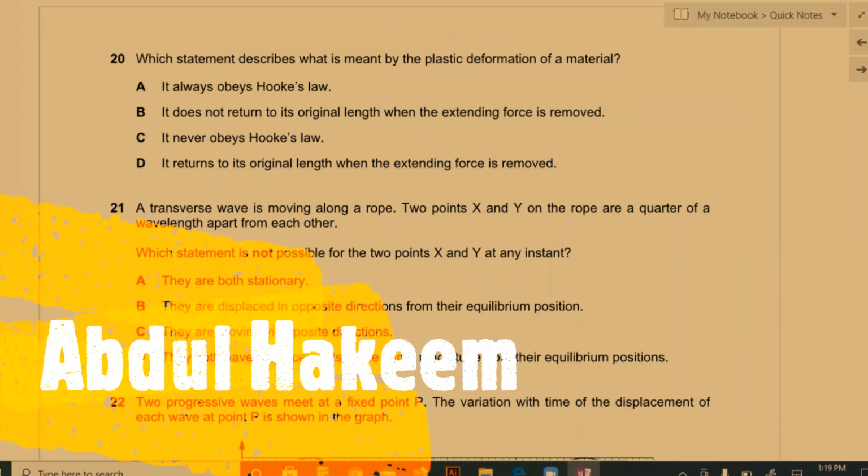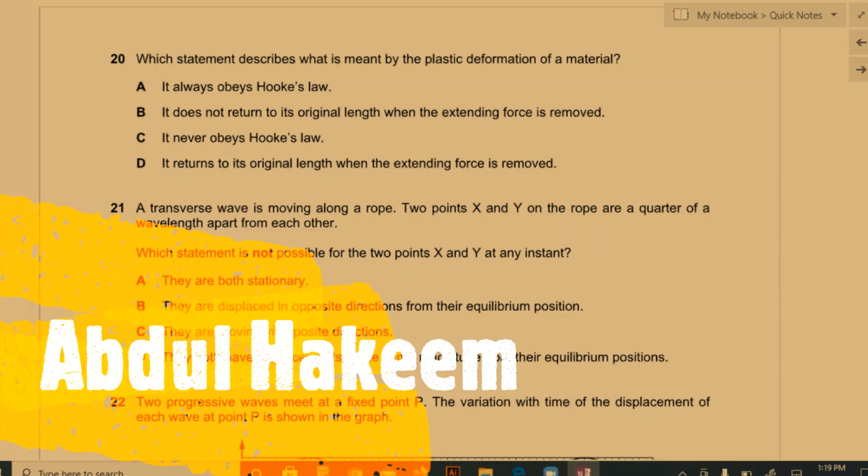Which statement describes what is meant by the plastic deformation of the material, meaning permanent deformation? Now, it always obeys Hooke's law. No, not necessary. It does not return to original length when the extension force is removed. Yes, correct.